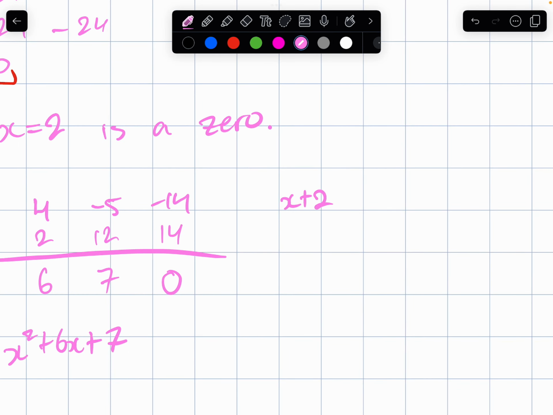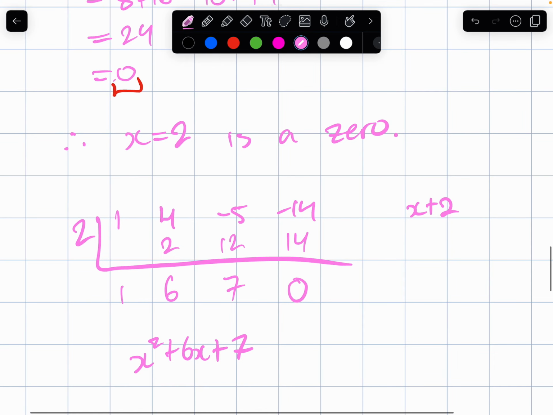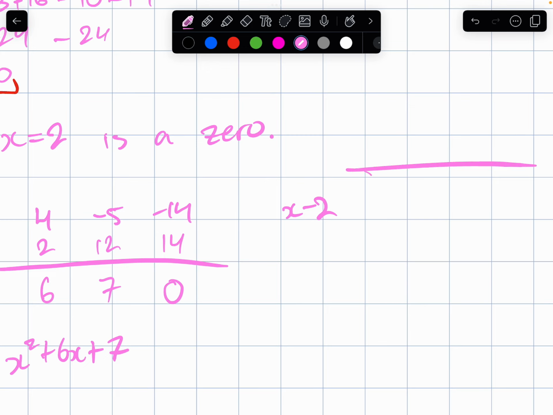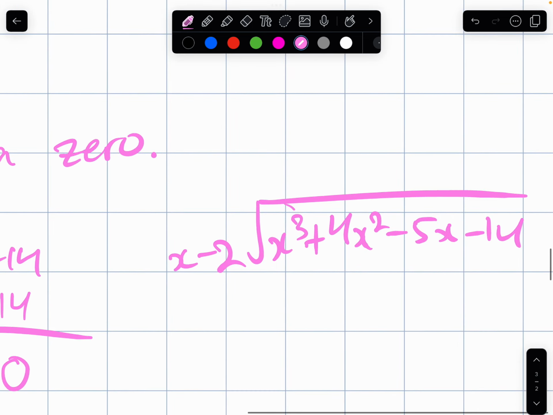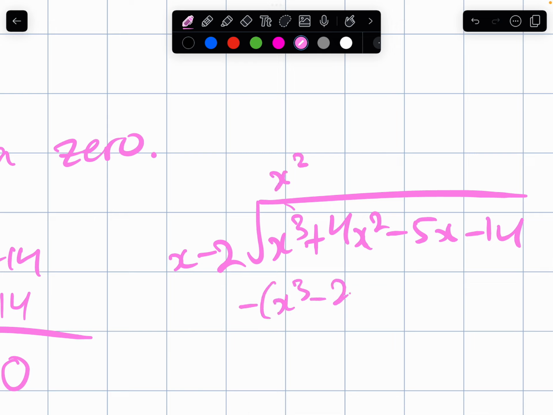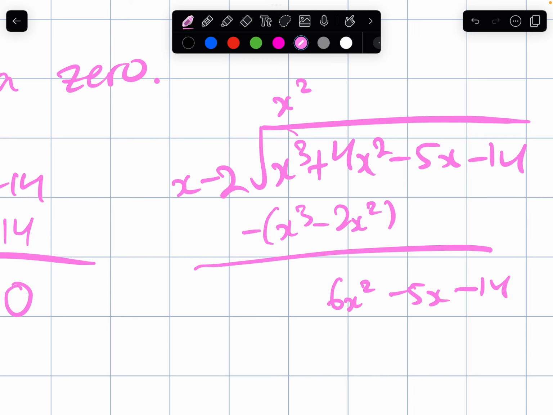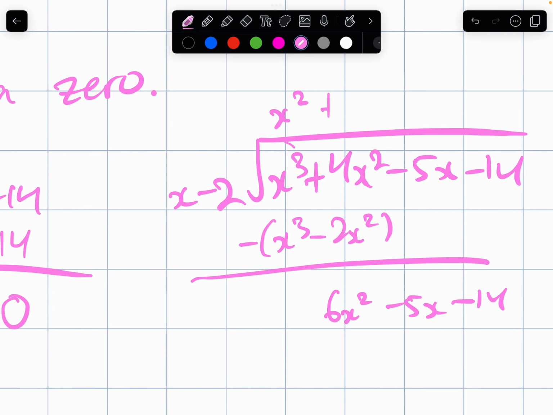You know that x equals 2 is a root, so x minus 2 is a factor of x cubed plus 4x squared minus 5x minus 14.